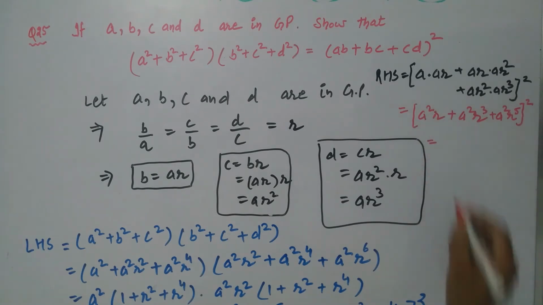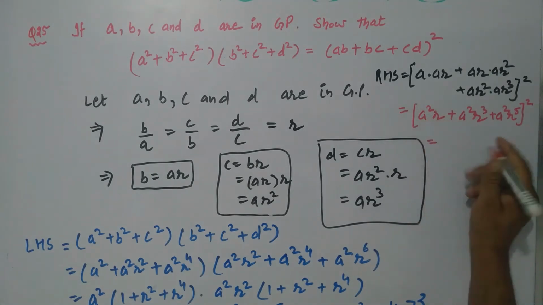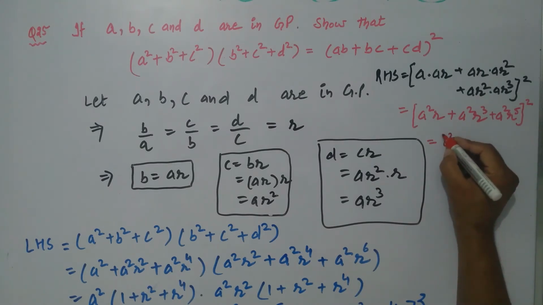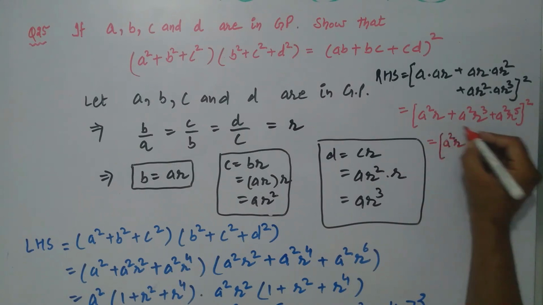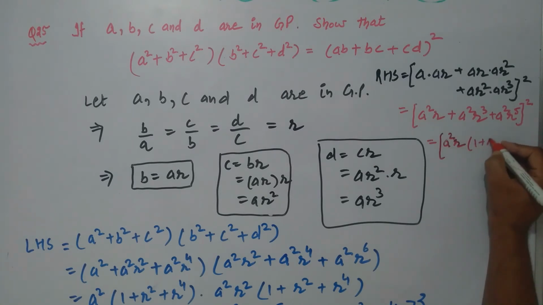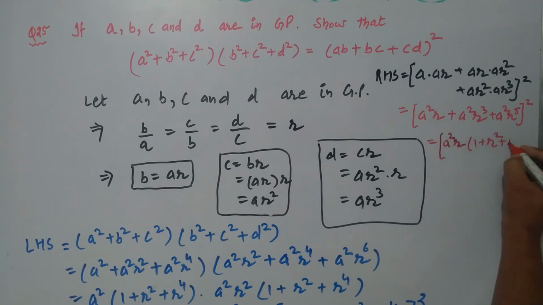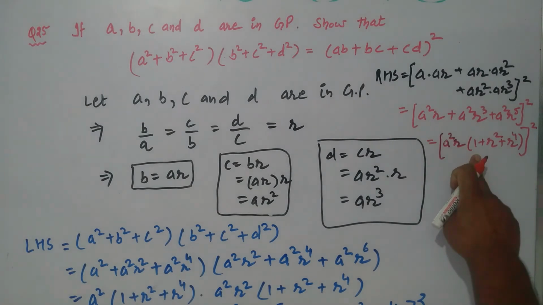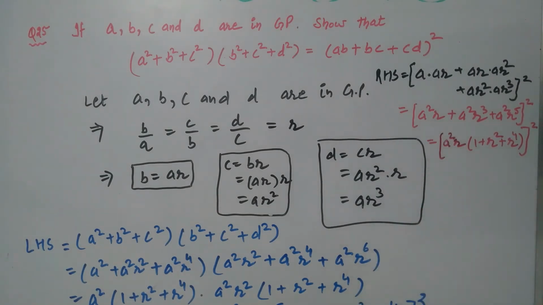Again we can say, taking A square R common, into (1 plus R square plus R raised to power 4) whole raised to power 2. So what we see, left hand side term, right hand side term, both are same. We have proved the result.